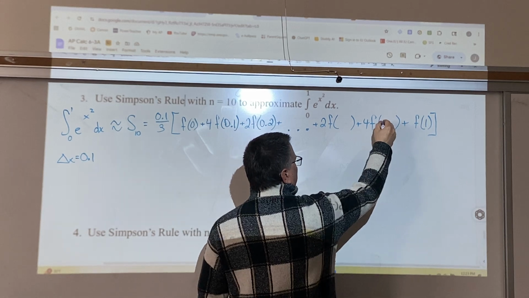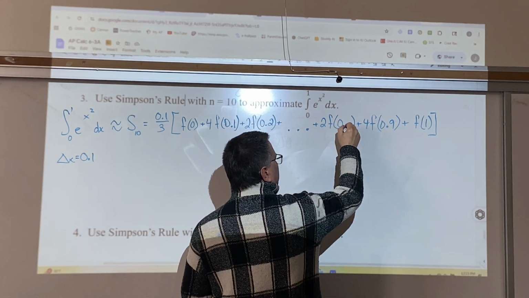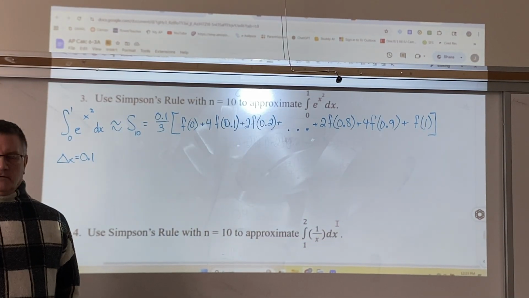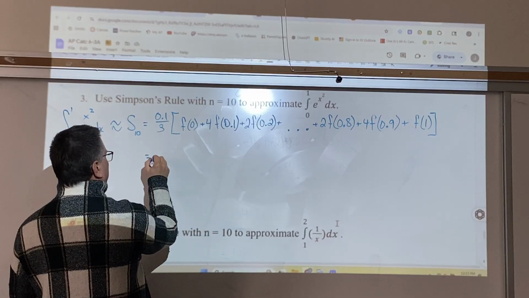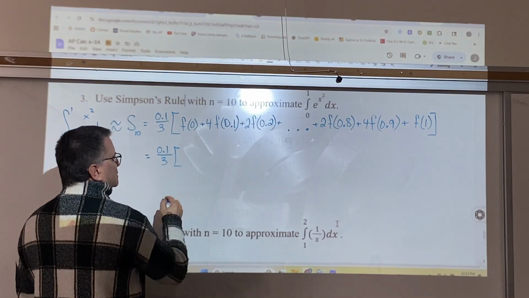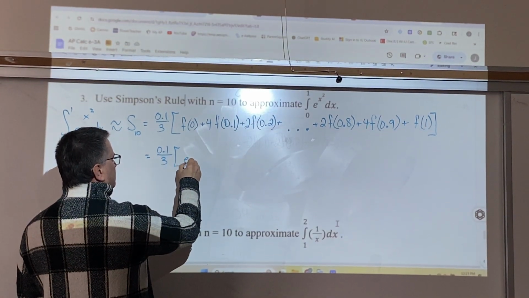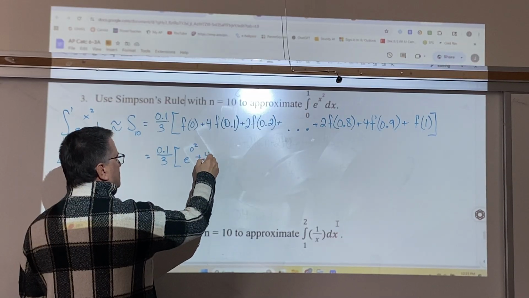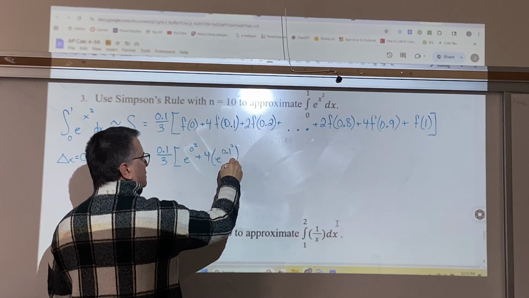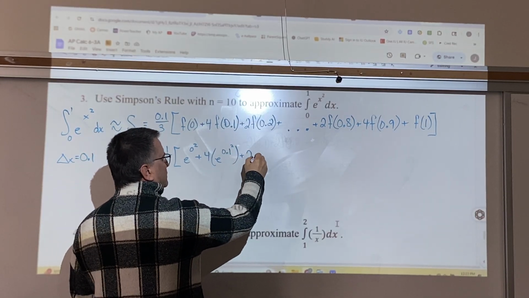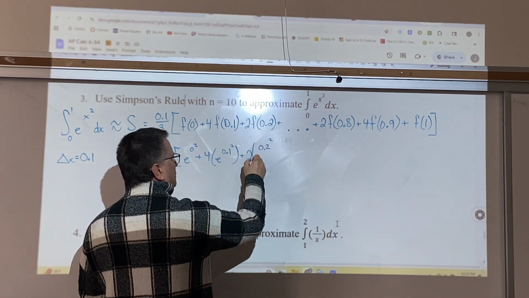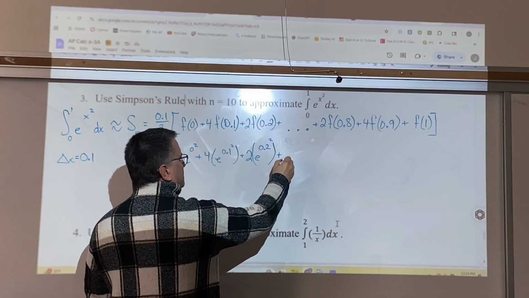0.1 before would be 0.9, 0.8. Following the same pattern all the way through. 4 times this one, 2 times that one, 4 times this one, 2 times that one. Specifically, it's gonna look like this. This is my width on the outside. So the first one I'm gonna plug into is gonna be e to the 0 squared, plus 4 times e to the 0.1 squared, plus 2 times e to the 0.2 squared, plus dot, dot, dot.